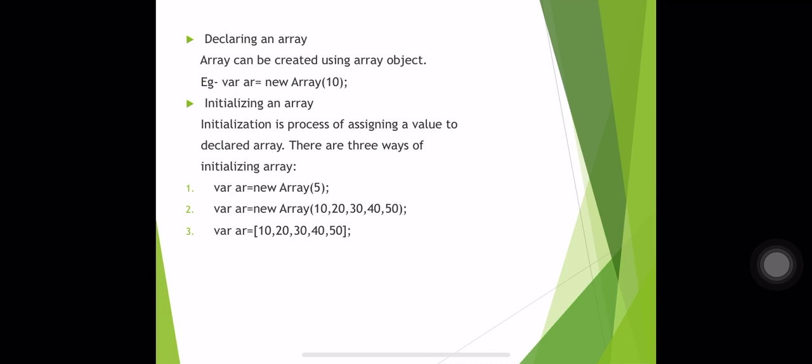Close the round bracket and give a semicolon. Next is the third method, where the variable name AR is equal to, then in square brackets you write the values of the array separated by commas, so 10, 20, 30, 40 and 50, close the square bracket and give a semicolon. So these are the three ways of initializing an array.